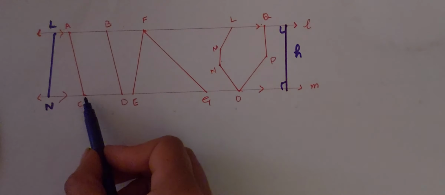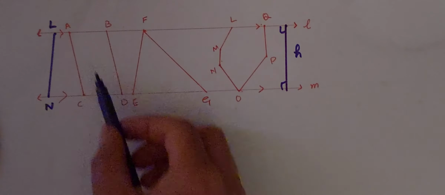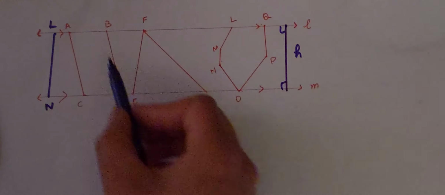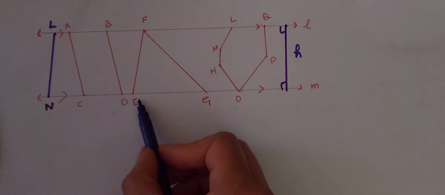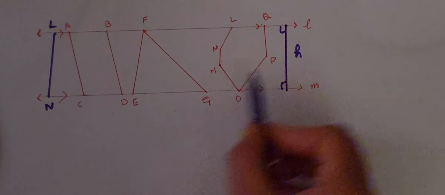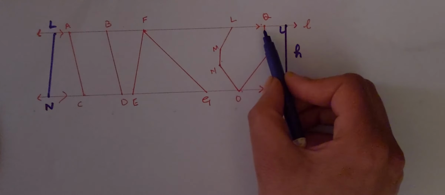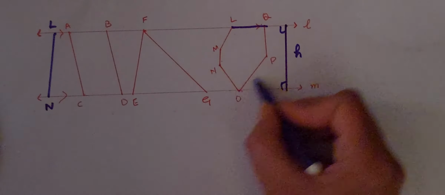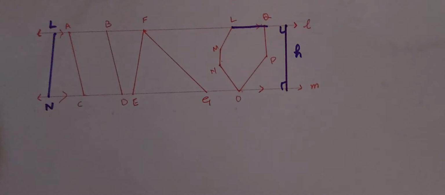The base is on the line M, and the parallelogram goes till line L. That means again the height corresponding to this base is H. Here the height corresponding to the base EG is also H, and here the height corresponding to base LQ. If we take this as the base, any one of them can be taken as the base, and with respect to every base the height is going to be different. Just try to look at it in that manner.